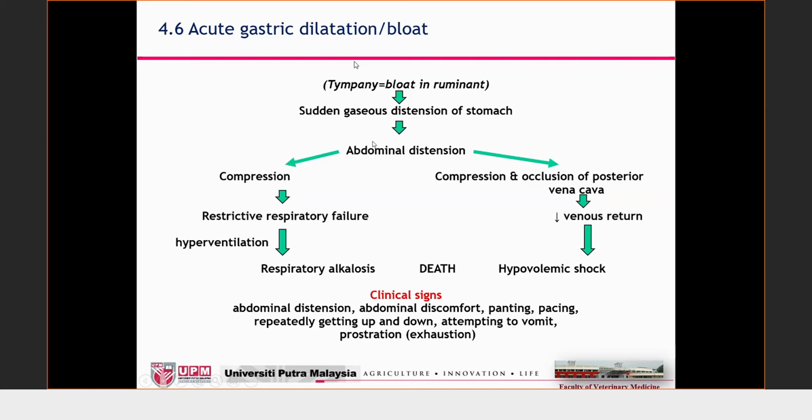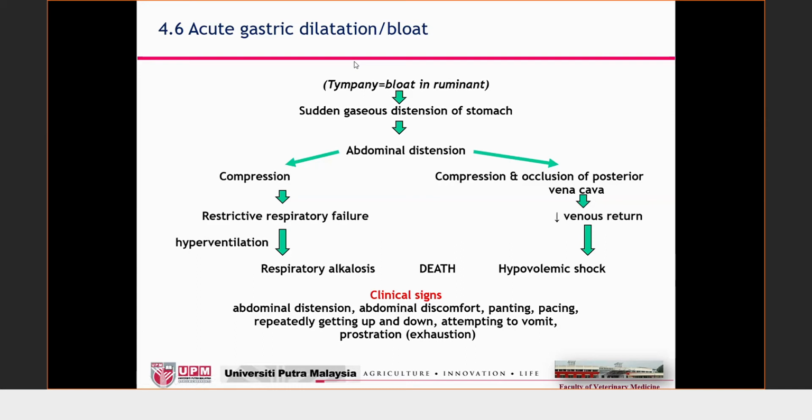When there's abdominal distension, there will be compression. The animal has difficulty in respiration because the distended abdomen pushes on the thoracic cavity, leading to restrictive respiratory failure. There will be hyperventilation, meaning the animal tries to get more oxygen.